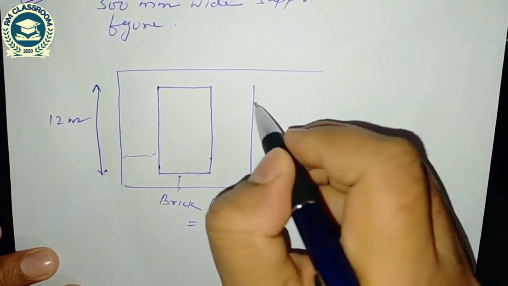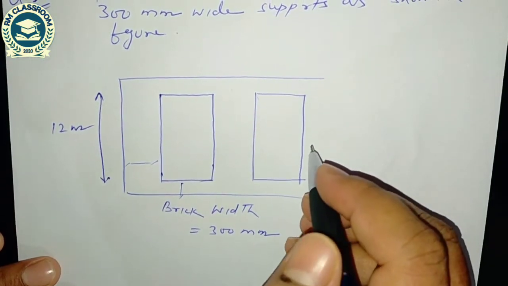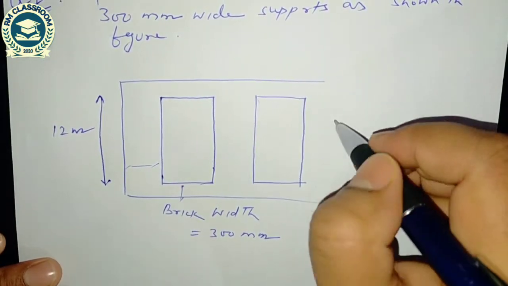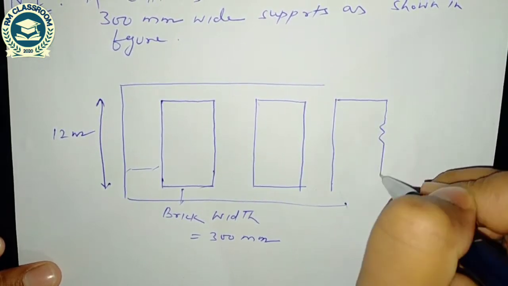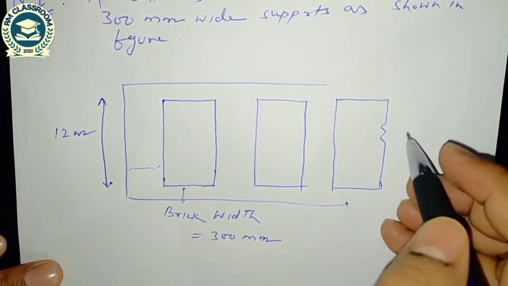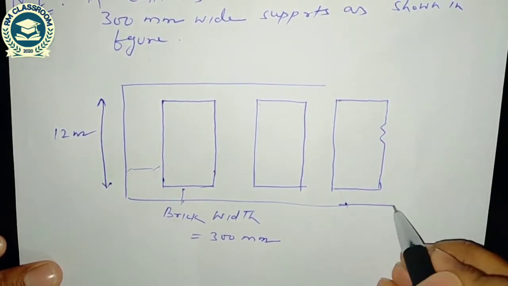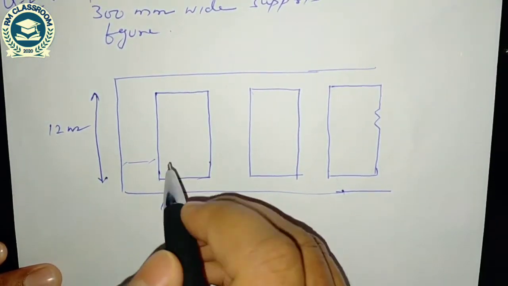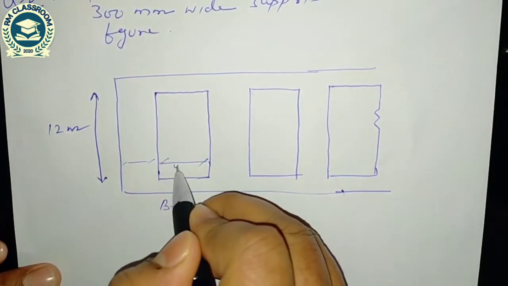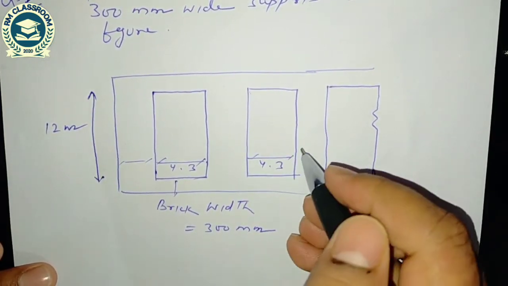Another slab, and the continuation of this, width is 4.3 meter.